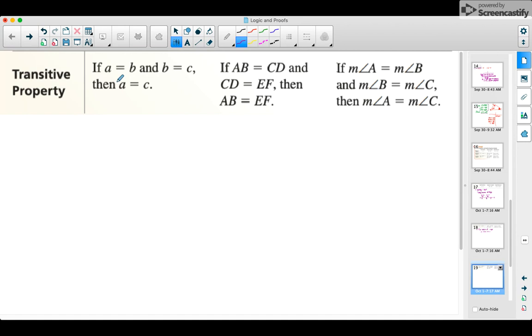Now, the transitive property is something that you, again, already know what it is, but it's just a way to explain what you know. So I like to use the example with people because it makes a little bit more sense in my brain that way. So let's say, for example, I have 2 people here. I have Mike and I have Sally, and they're the same height. So here's Sally. And then Sally goes and stands next to Joe.